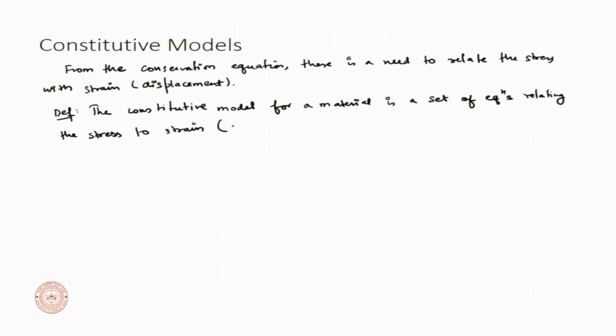It can also relate to the strain history, strain rate, or other behavior rather. Okay, so it is a set of relations which can relate the stress to strain rate, stress to strain history, depending upon the type of material.